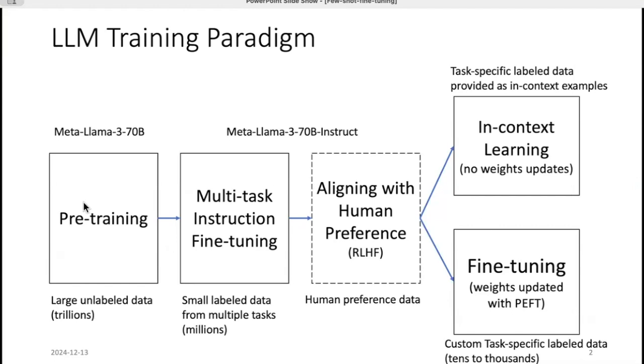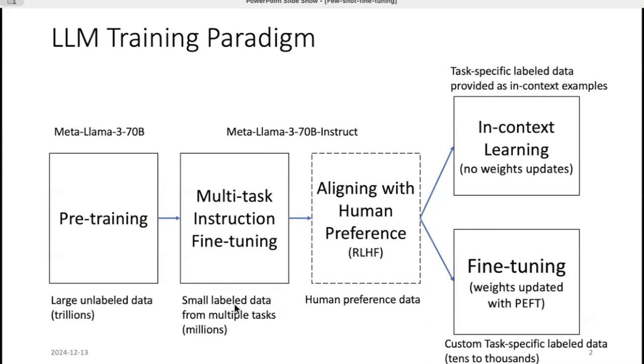For example, if you see some open source models, they usually release a pre-trained model, for example, the Llama 3 70B. And then they will also release a fine-tuned version of the model that is fine-tuned on multiple labeled data sets. So after the pre-training, there's usually a multitask instruction fine-tuning.